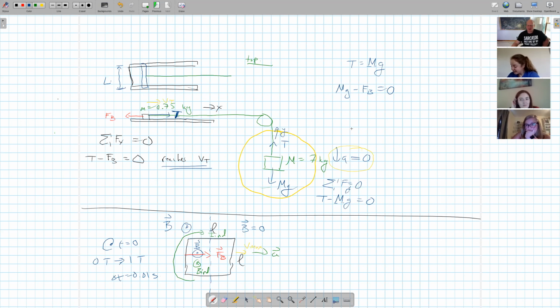So solve this now for FB. FB is equal to simply mg. Okay?